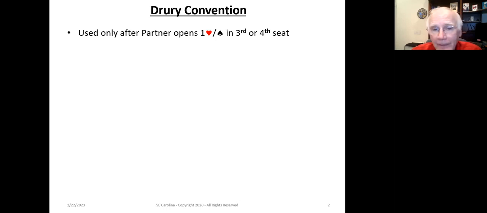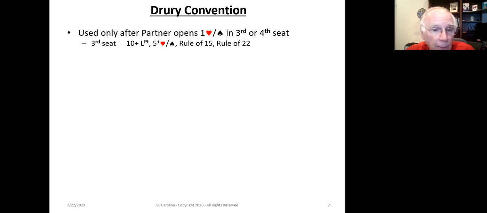Okay, there are basically two different bidding systems that are being used. There's one you use after first and second seat, and there's another you use after third and fourth seat opens. Okay, and it's really important to understand that distinction. And the primary reason for that is if your partner opens in first or second seat, you know they've got 13 plus points, but the opener has no idea what you have in your hand.